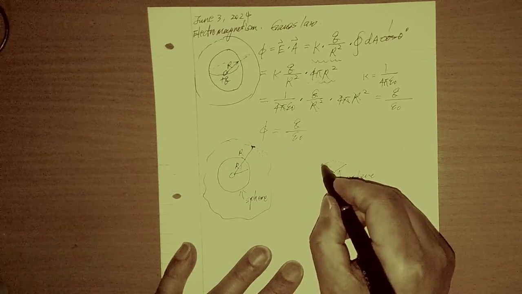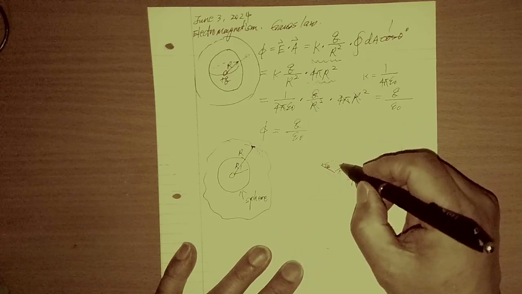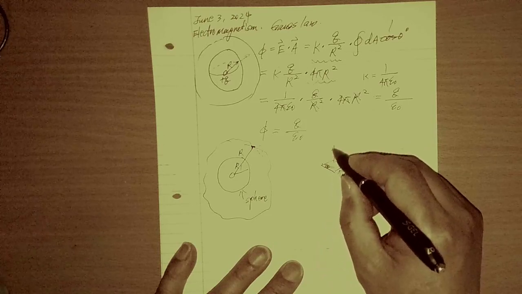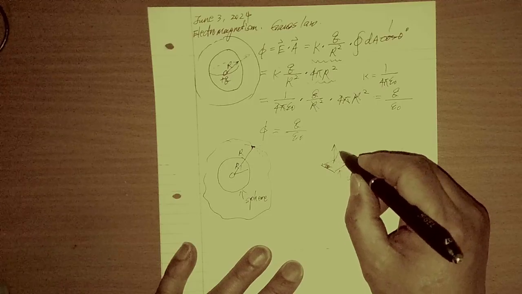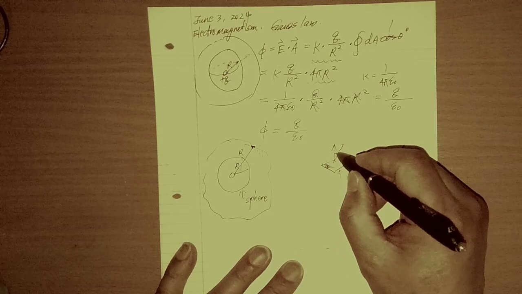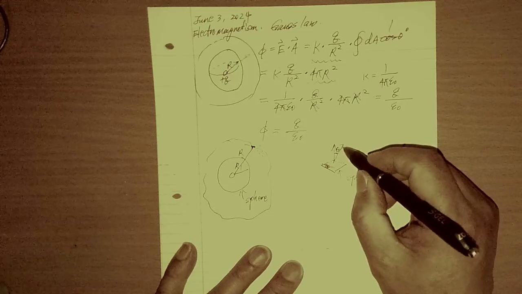If the angle right here is theta, then the direction of the little surface, because the little surface is perpendicular to whatever plane it is on, is also theta.